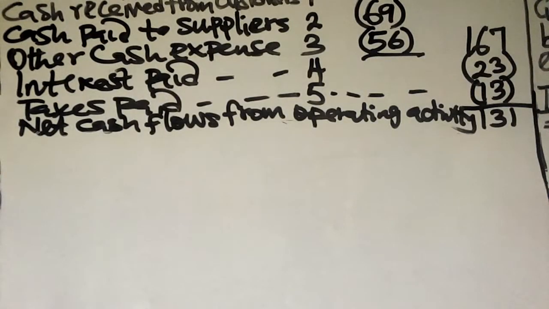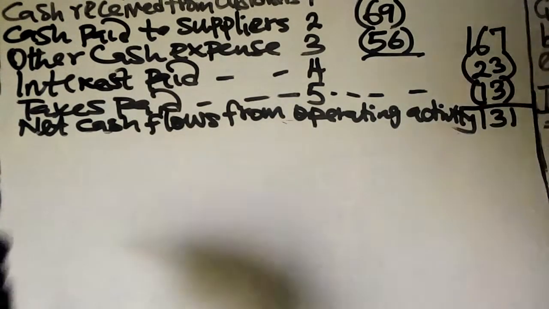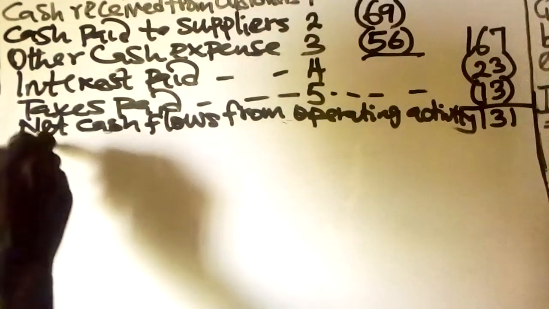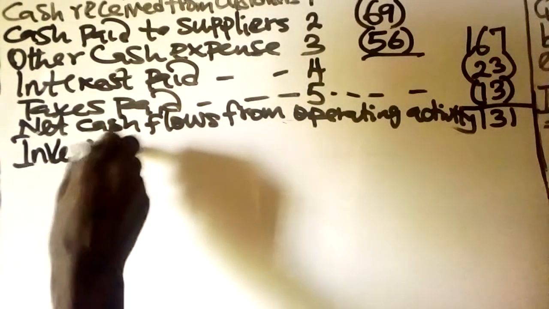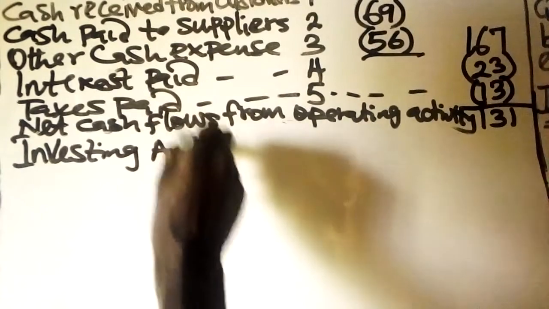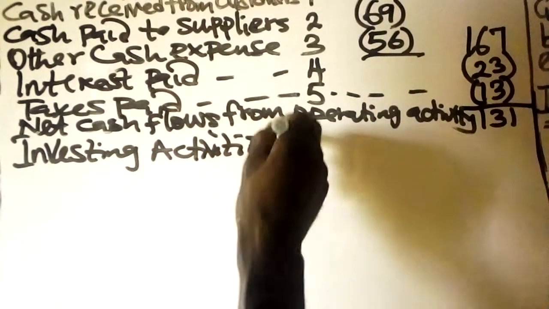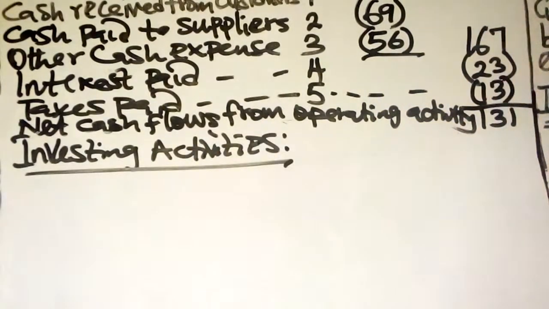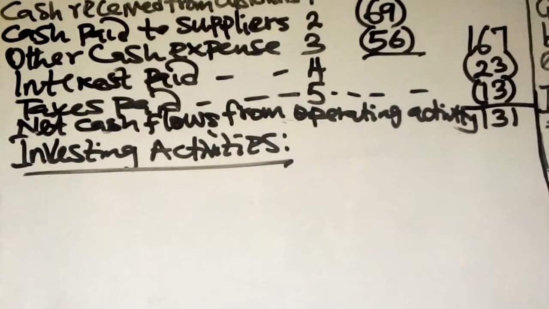After operating activity, the next heading will be investing activity. I've told you that these are activities that result in changes in non-current assets and investment. The moment you get to investing activity, you are going to check the movement in non-current assets.